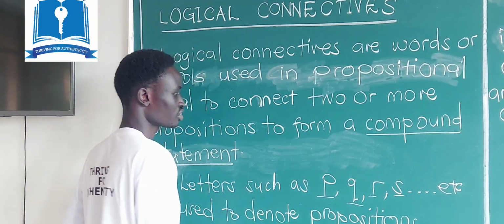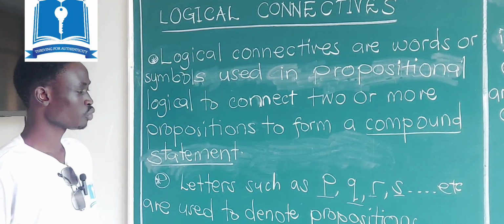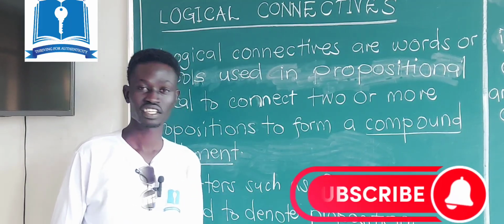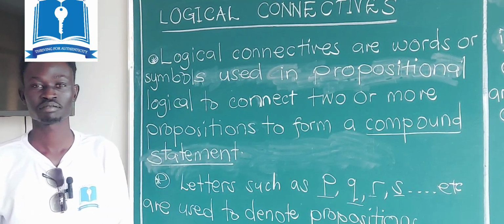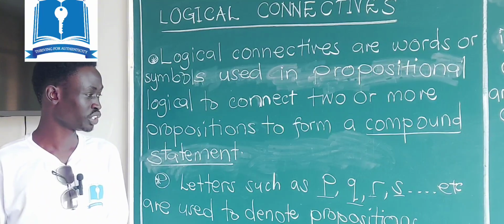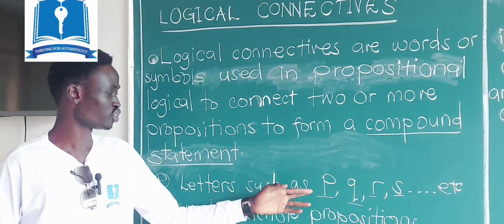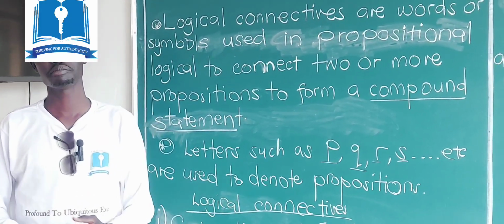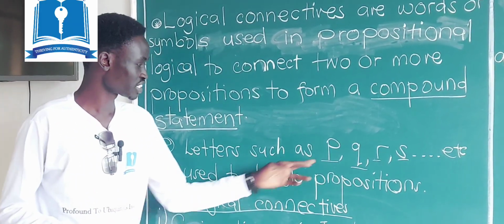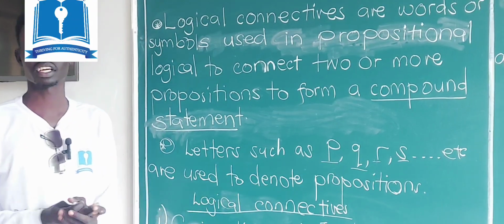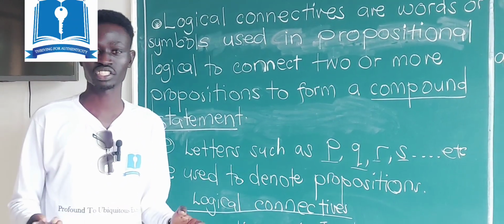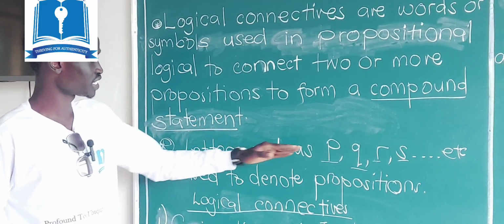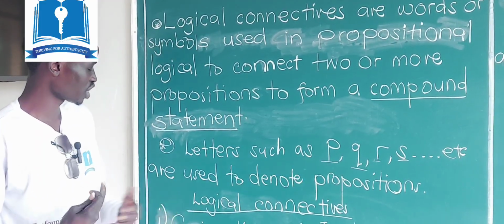When you see me using these letters, don't ask why we are not using other letters. These are the letters used by scientists and mathematicians for this very topic, and we are going to see how to use them.